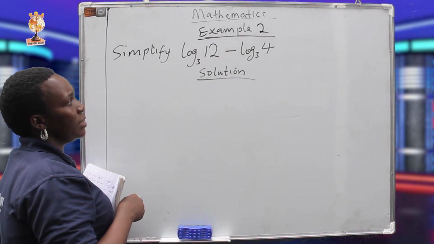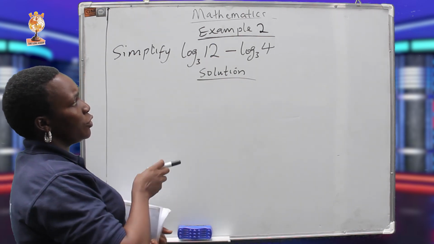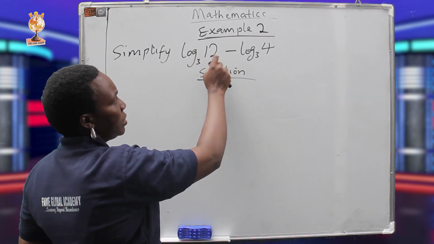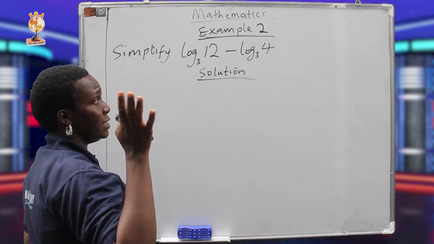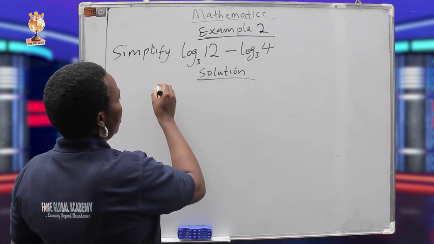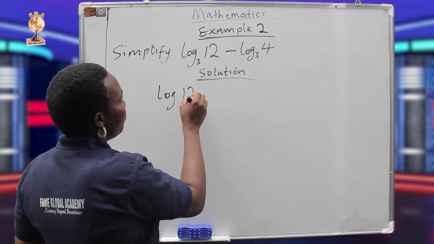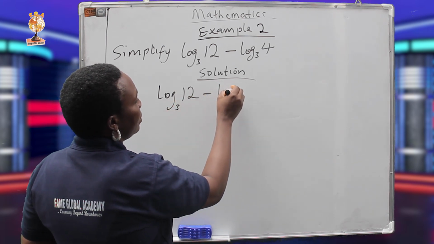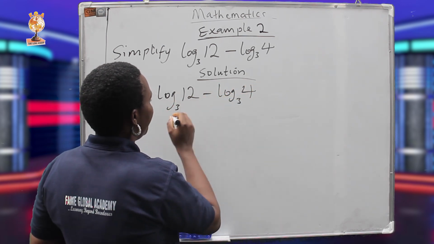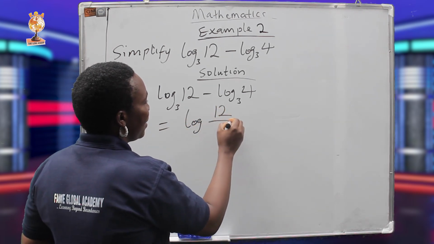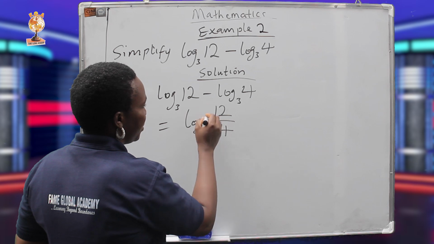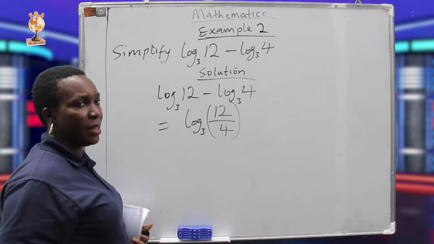And subtraction law says that when you're subtracting two logarithms, so long as they have the same base, what you do is you divide the numbers. So log 12 base 3 minus log 4 base 3 will give us log 12 divided by 4 base 3.